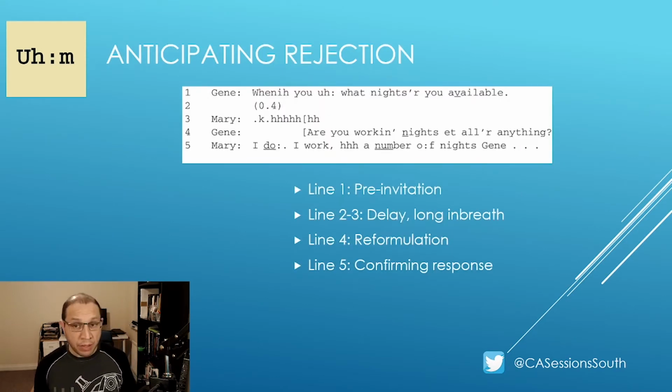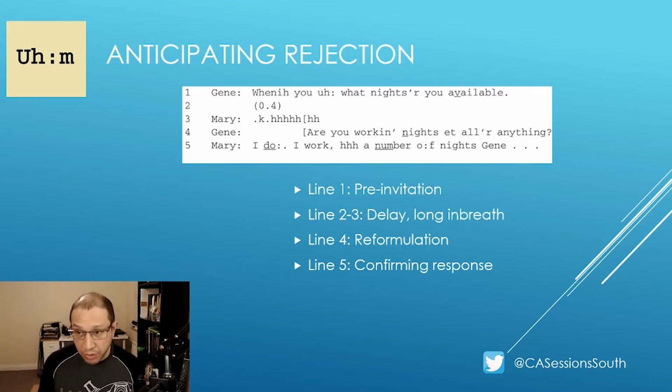In this example, Jean initiates their turn on line 1 with an inquiry that is a prelude to an invitation. This is a pre-invitation. On line 2, there is a 0.4 second gap, which is long enough to be identified by all participants. On line 3, Mary's turn is transcribed with a long in-breath.